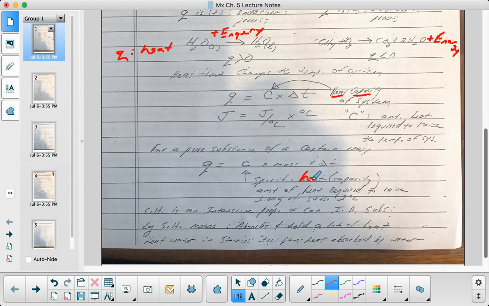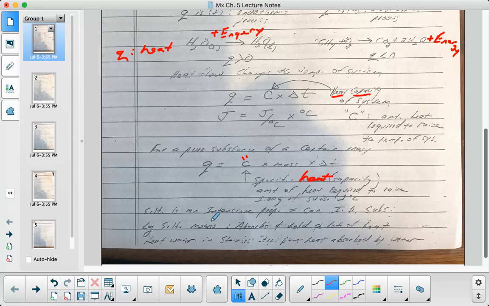Sometimes your book refers to it as the specific heat capacity, not to be confused with heat capacity, which is a capital C. And in this case, you multiply that small c by the mass times the delta T. In your lab, you're going to be identifying the small c. So this small c, specific heat, is an intensive property, which means that it can be used to help identify a substance, which is one of the tasks in your lab.